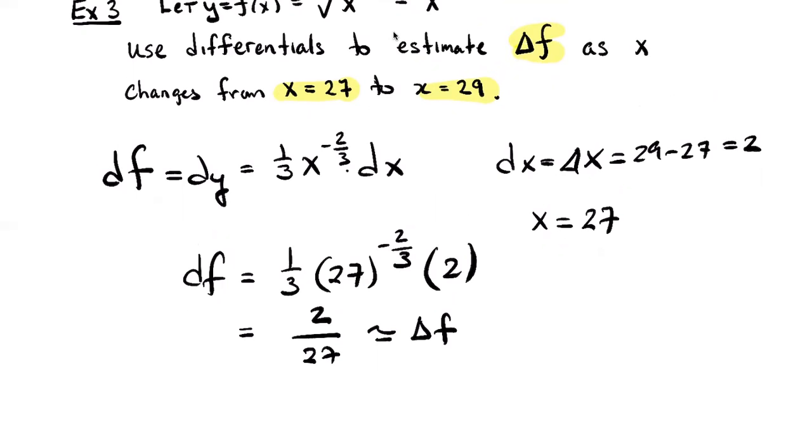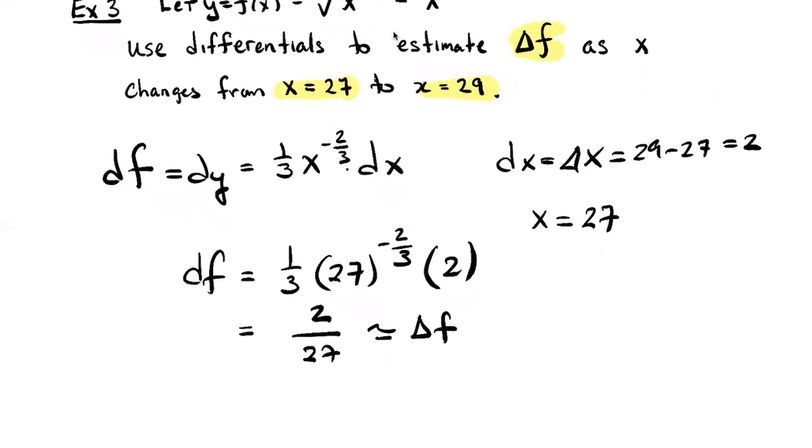So maybe you, like me, know that the cube root of 27, we already said this, is equal to 3. But what about the cube root of 29?